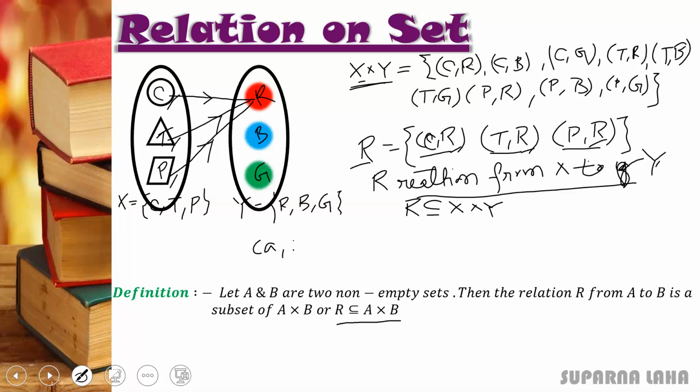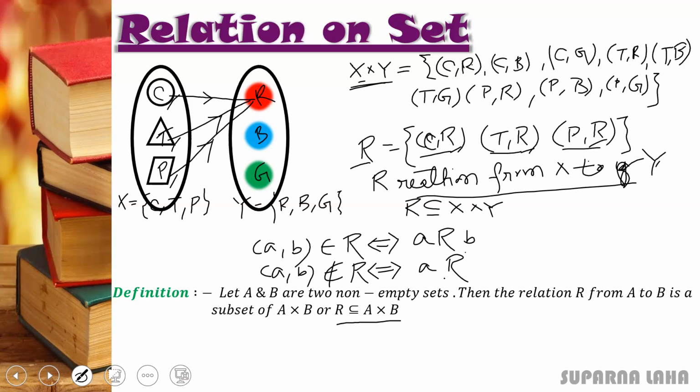So look here. If any element (A, B) is present in this relation R, then we will say that A is related to B. We will write this as A R B, and we read this as A is related to B. And if this element (A, B) does not belong to R, then we will represent it as A R with a slash, which is A is not related to B. That means this element (A, B) does not belong to the set R, or the relation.